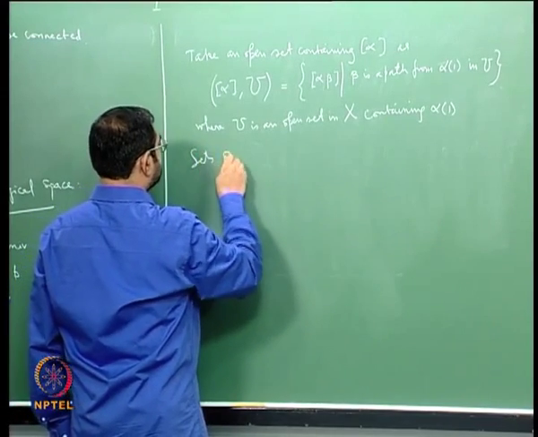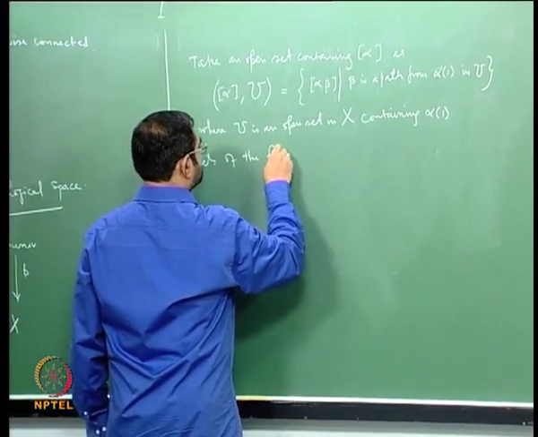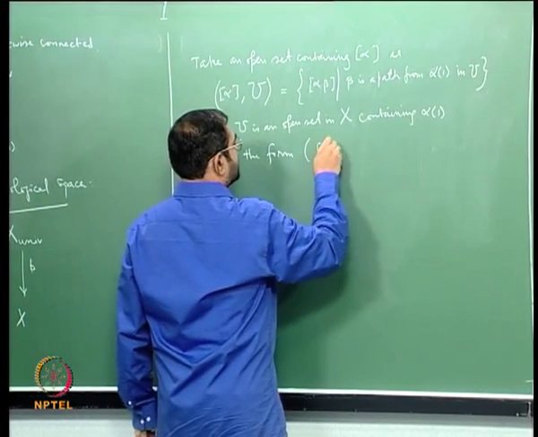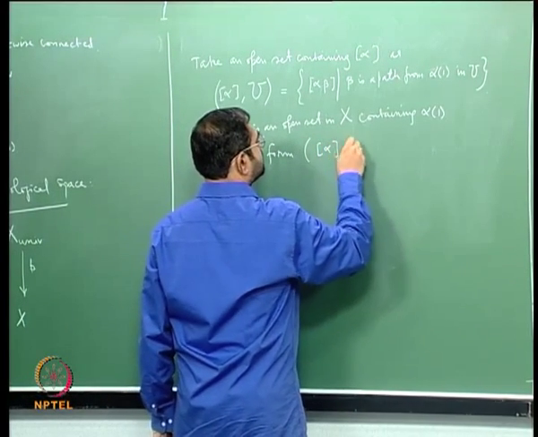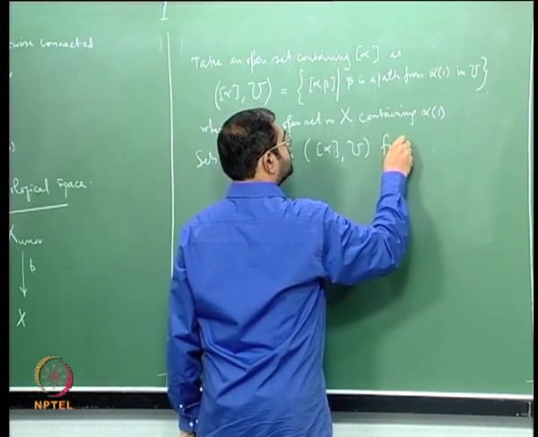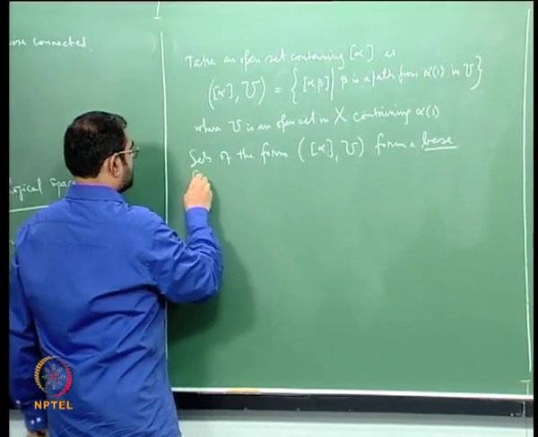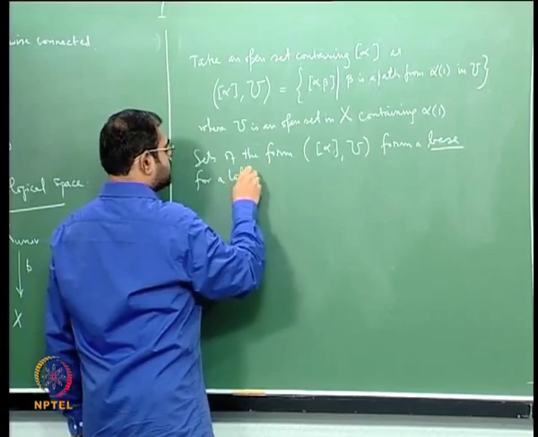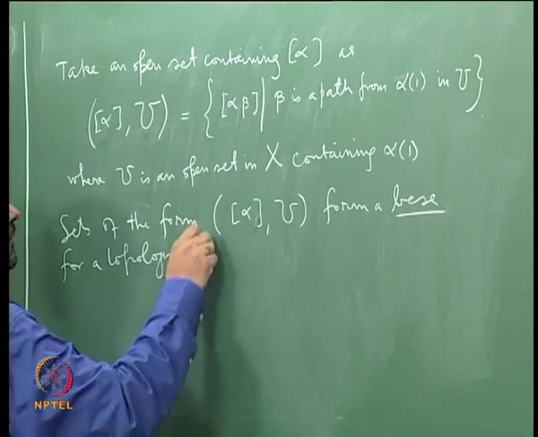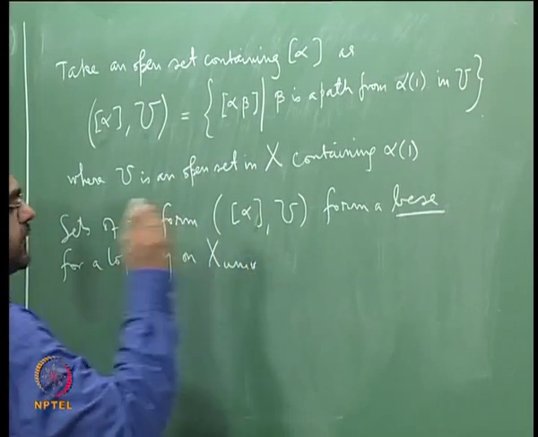Let me write that down. Sets of the form alpha comma U form a base for a topology on X sub univ.